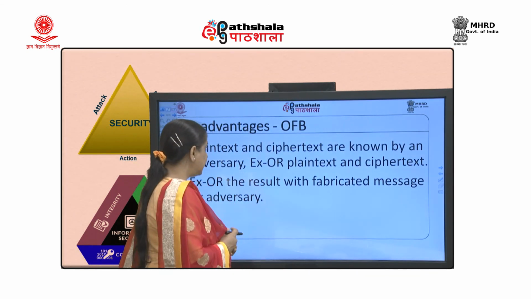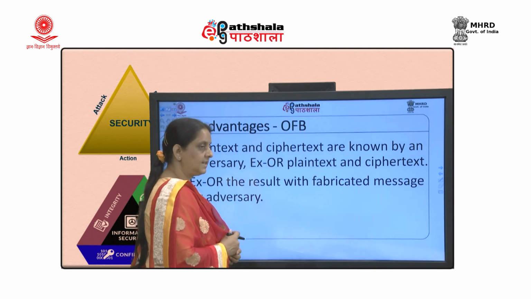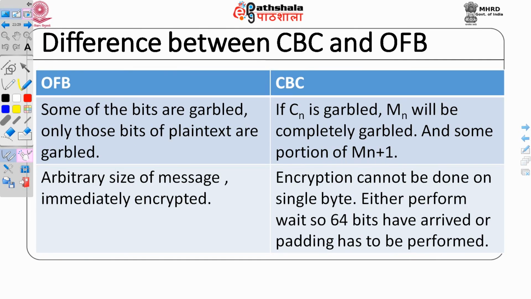If the plain text and the ciphertext are known by an adversary, XOR the plain text and ciphertext to get the key. What are the differences between OFB and CBC? If some of the bits are garbled, only those bits of the plain text are garbled in case of OFB. In case of CBC, what happens?